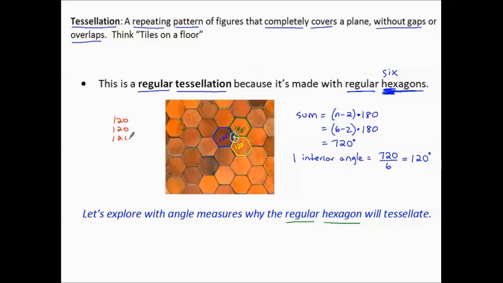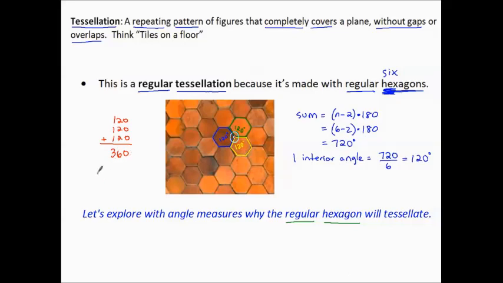If we add those adjacent angles, it makes 360. Why? Because to go all the way around a circle is 360 degrees. So to know that our polygon will tessellate, around any point where the 3 angles will meet each other, will be adjacent, has to make 360 degrees.